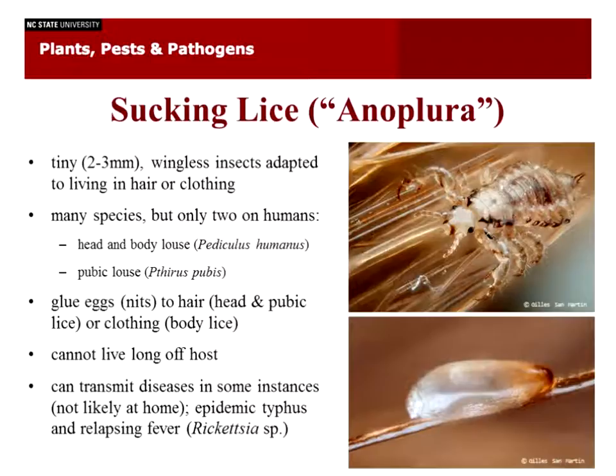Now, in certain situations, they can transmit diseases, but not likely at home or the ones that your kids come home from school with. The diseases will be epidemic typhus and relapsing fever, both from Rickettsia species. This is actually one of the biggest things that decimated Napoleon's armies in Africa.